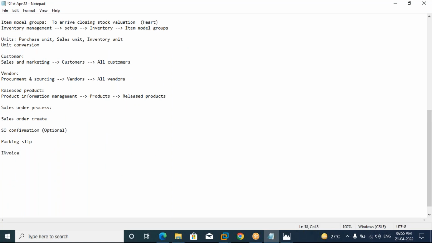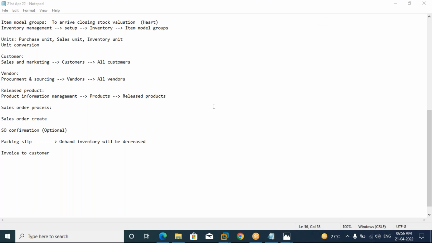Then invoice to customer. You are generating the invoice and submitting it to the customer. As I told you, on-hand inventory will be decreased at the time of packing slip.